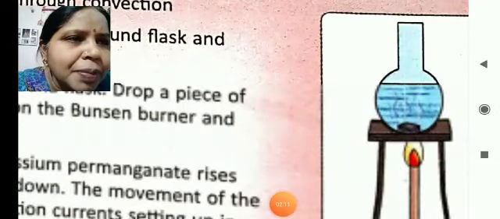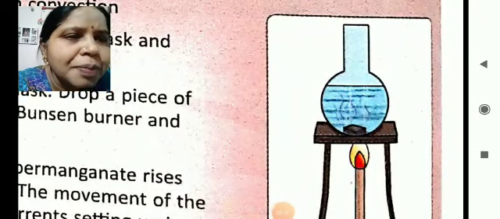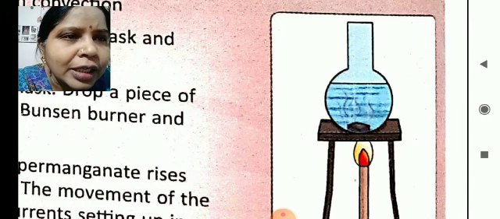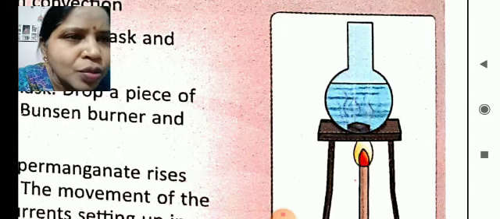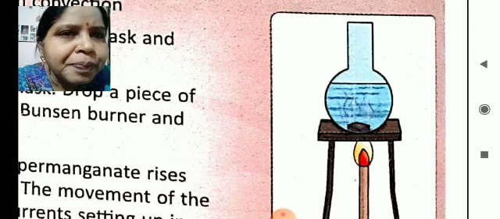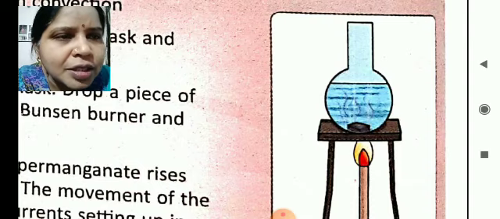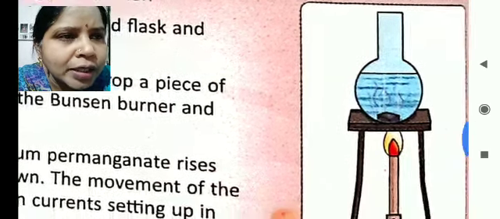This purple color of the potassium permanganate shows us very clearly that the molecules go up, and the upper particles come down, again get heated, go up, and in this way the whole water gets heated.